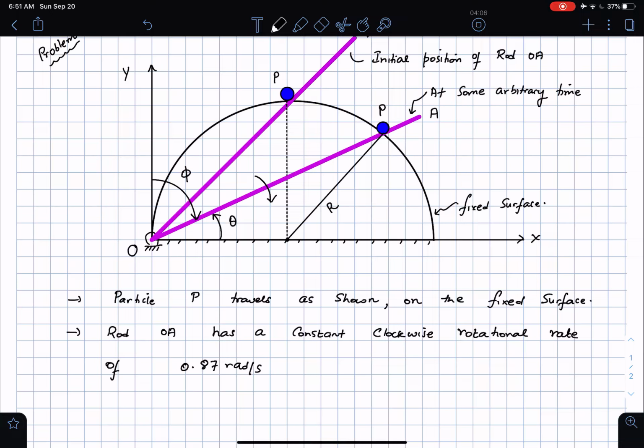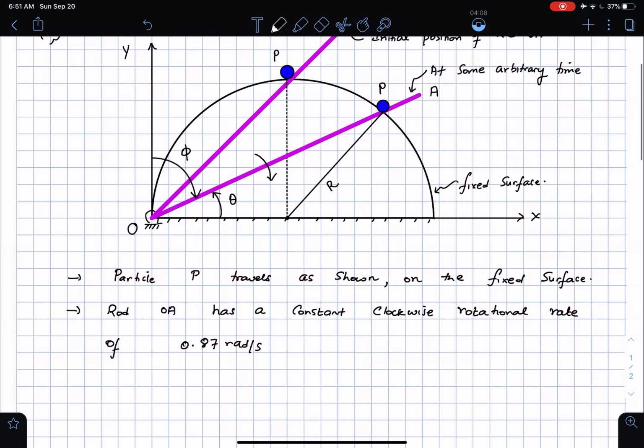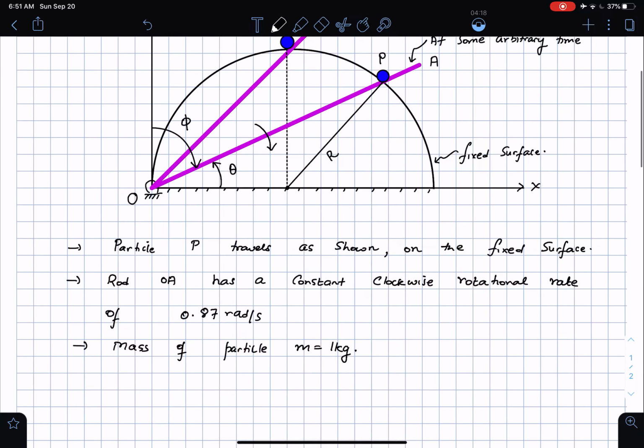Okay, and then we will also say that the mass of the particle m is equal to 1 kilogram, and let us also say that the radius of the fixed surface, which is capital R, is equal to 1 meter.